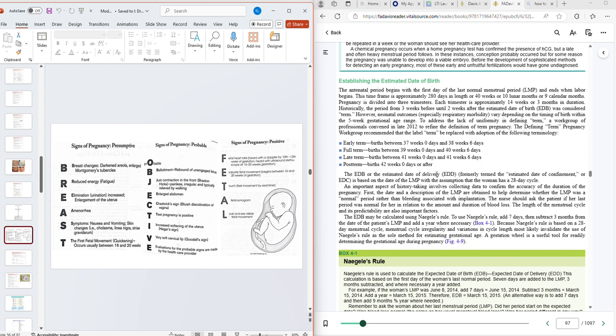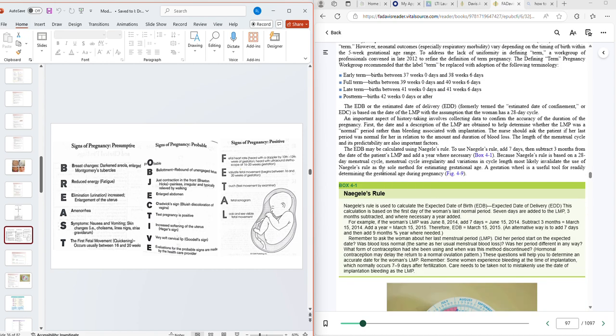We use a rule called Naegele's rule to give us the estimated date of birth, or the EDD, estimated date of delivery. It used to be EDC, which is estimated date of confinement. It's based on your last menstrual period, assuming you have a normal 28-day cycle.